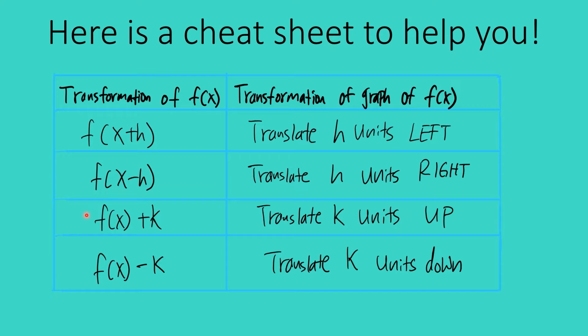The next one is f(x) plus k, which means translating k units up. And we have f(x) minus k, which means translating k units down. So keep this in mind throughout the video.